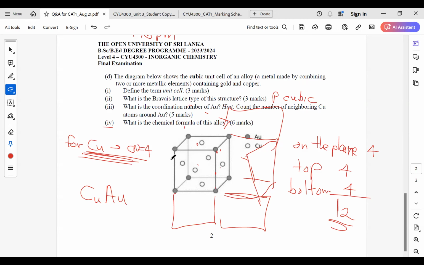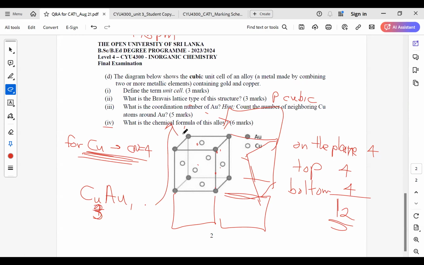So 8 into 1/8, there is only one. Then what about copper? 3. Very good. On each face there is a copper atom and that is shared by 2 unit cells. So there are 6 such copper atoms. So 6 into 1/2, 3. Right. So this is the answer for the third one.